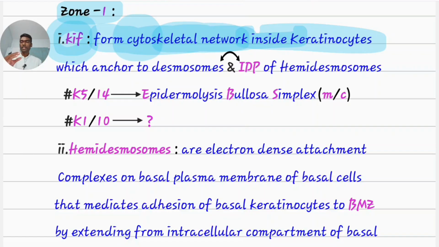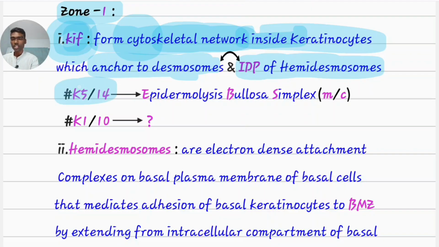In basal layer of the epidermis, these keratin intermediate filaments are keratin 5-14, which anchors desmosomes to inner dense plaque of hemidesmosomes. In stratum spinosum, these keratin intermediate filaments will be differentiated from keratin 5-14 to keratin 1 and 10.